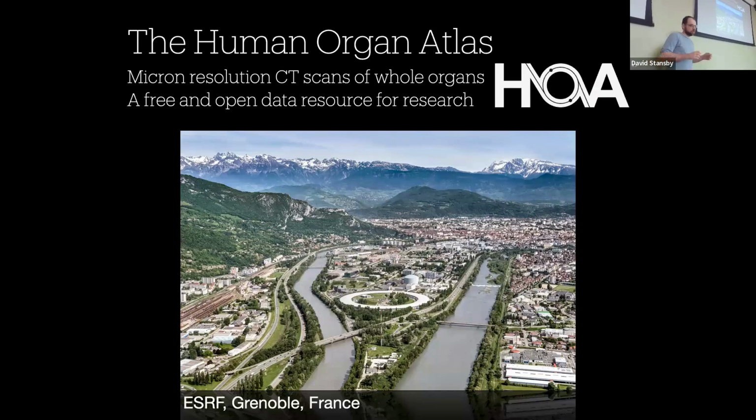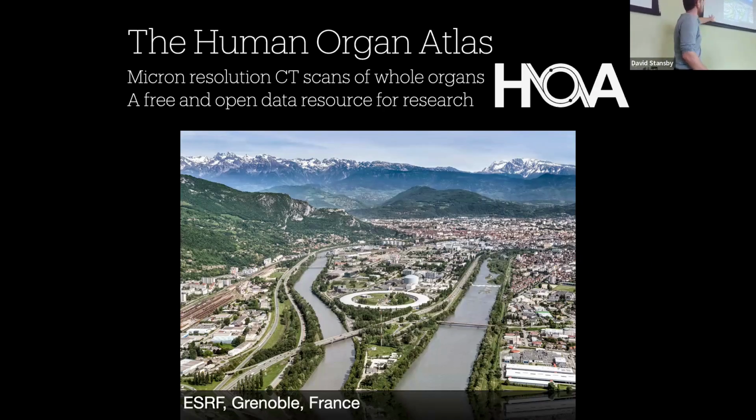So we do CT scans, so 3D X-rays of human organs. These are after people have passed away. So the radiation dose to do this is so high that you wouldn't be alive after it happened to you if you tried it. And we put all this data on the Human Organ Atlas.